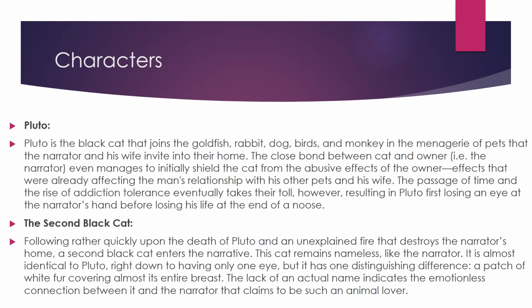The close bond between cat and owner even manages to initially shield the cat from the abusive effects of the owner, effects that were already affecting the man's relationship with his other pets and his wife. The passage of time and the rise of addiction tolerance eventually take their toll, however, resulting in Plato first losing an eye and the narrator's hand before losing his life at the end of a noose.